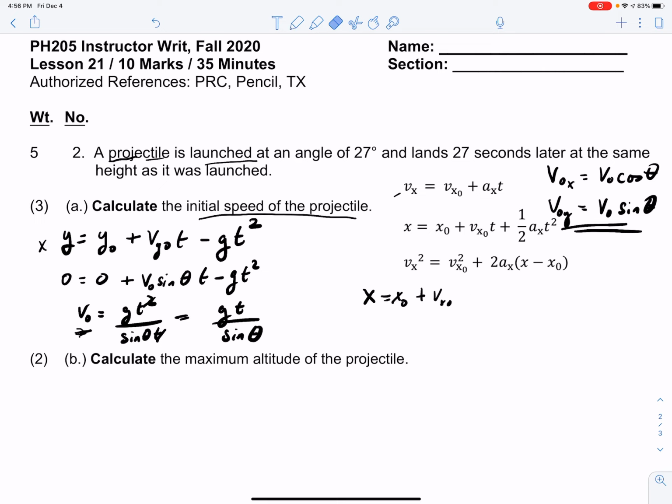Remember that. The only acceleration that we have to worry about is the acceleration due to gravity, and that is used in y. So since x naught is 0 at a starting point, and vx naught is actually v naught cosine theta, times t, now we can solve for the whole distance that it traveled.